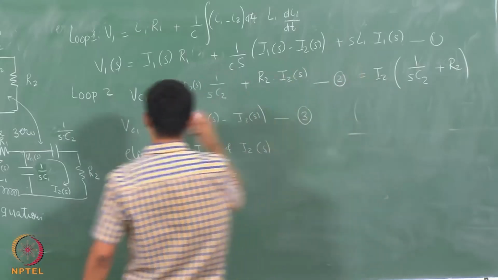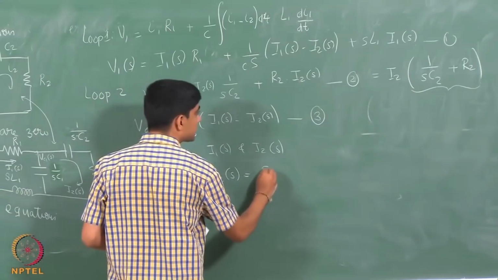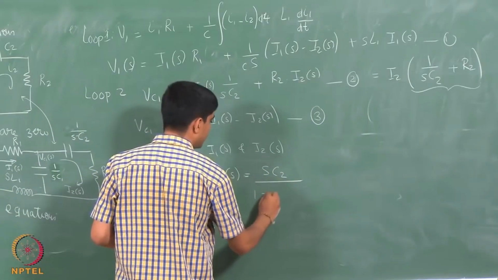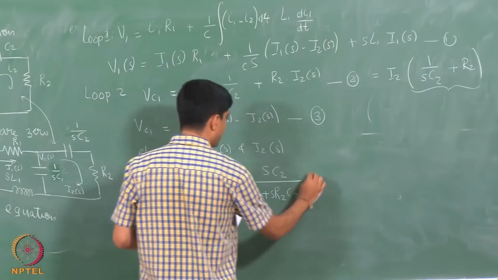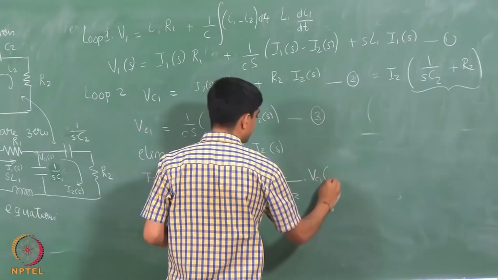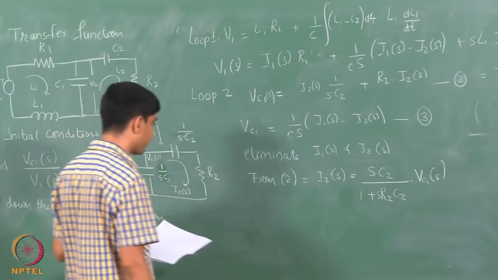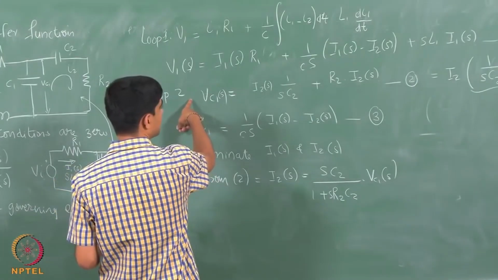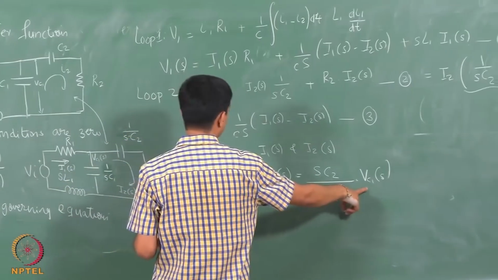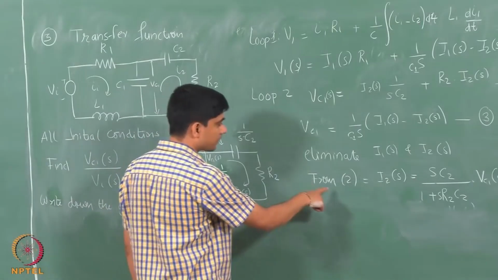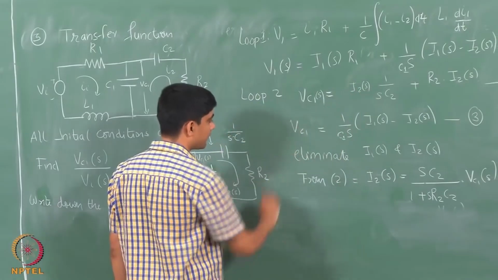So, I2 of S would be Vc1 divided by this entire thing. So, this would be S C2 over 1 plus R2 S C2, times this one, Vc1 of S. So, all this will be S. Okay. So, now I have eliminated this from here. So, I know I2 in terms of Vc1. Okay. So, we have eliminated I2 from equation 2.